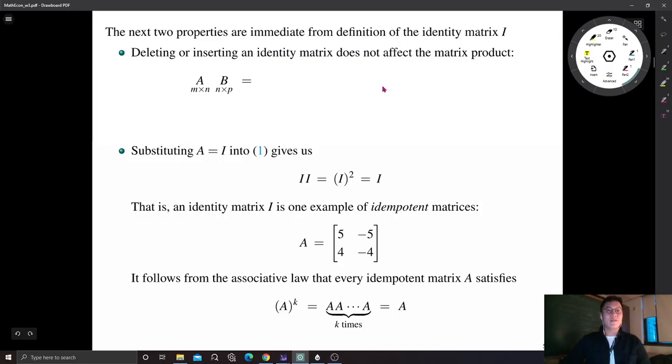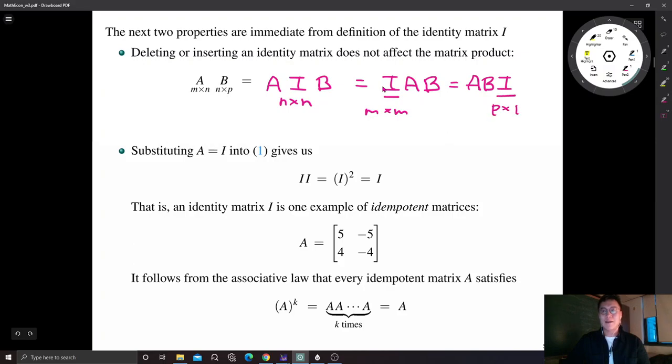If we want, we can insert one identity matrix in the middle, and it should be n by n. Or we can put it in the front, IAB, and this I should be m by m, or we can put it in the back, ABI, and this I should be p by p. As long as the conformability condition is met, we can insert or delete.